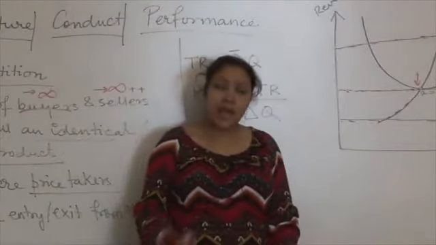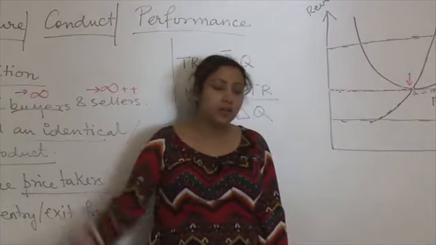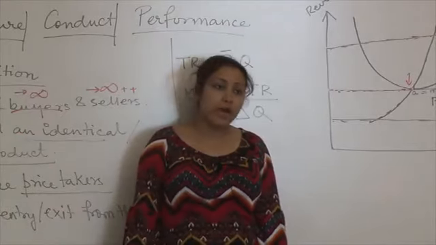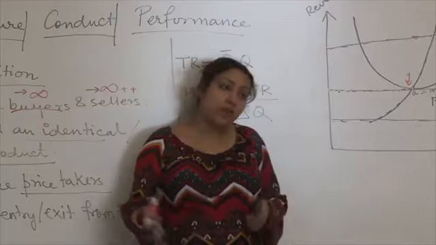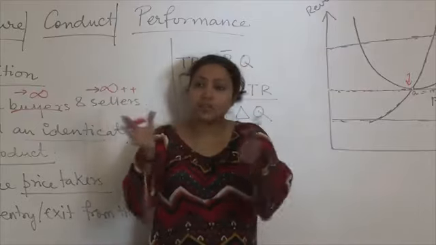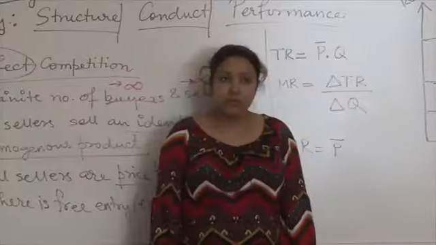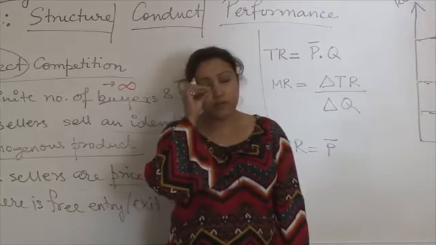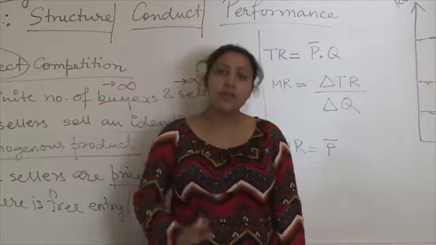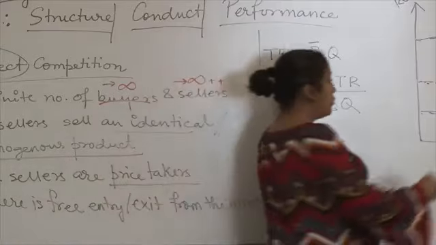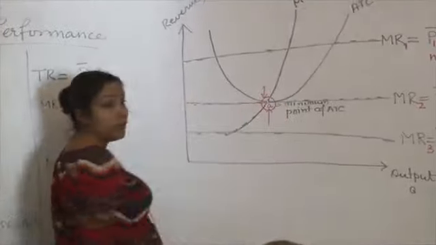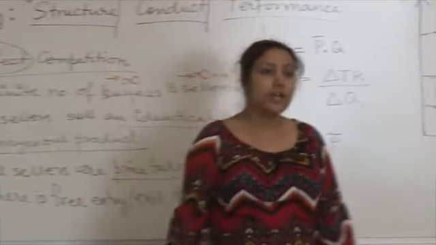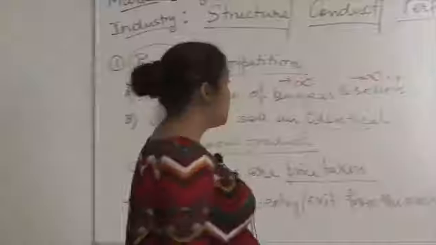And once again, as existing sellers leave with no change in the number of buyers, the ones who stay back get a larger number of buyers. Yes? So that means whether it's a situation of profit or loss to start with, eventually the market will move to the break-even point in perfect competition, and that happens because of that free entry and exit of sellers.